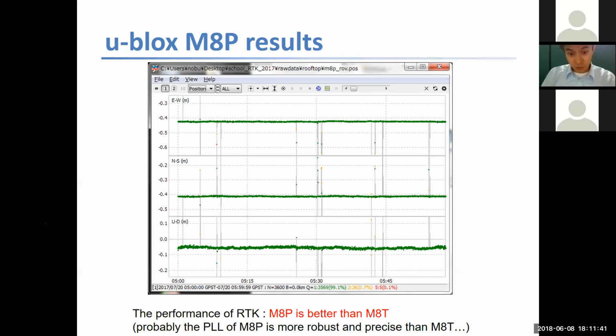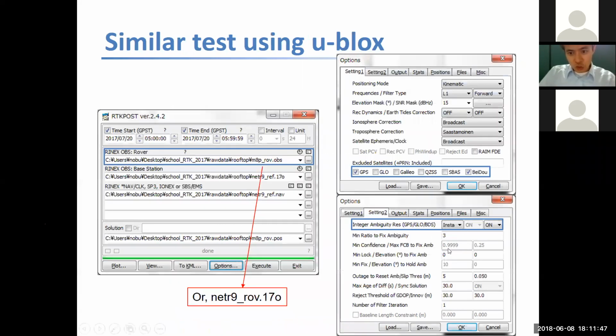Only single epoch data is used in the case of instantaneous, which means in the ambiguity resolution, RTKLIB uses only the short range measurement in a single epoch, which means differential GNSS level.